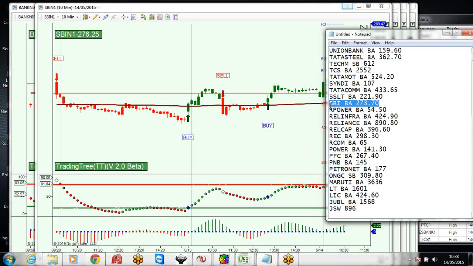SBI, our entry was 273.70. Now it is at 276.25.